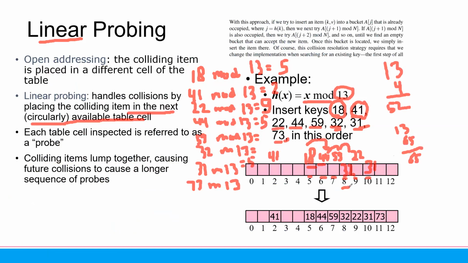There's an item in 8, so we go to the next. 9, we have an item. Let's go to 10, we have an item. 11, okay, this is empty. So we put 73 here. So the final result will be like this one. We call this linear probing.